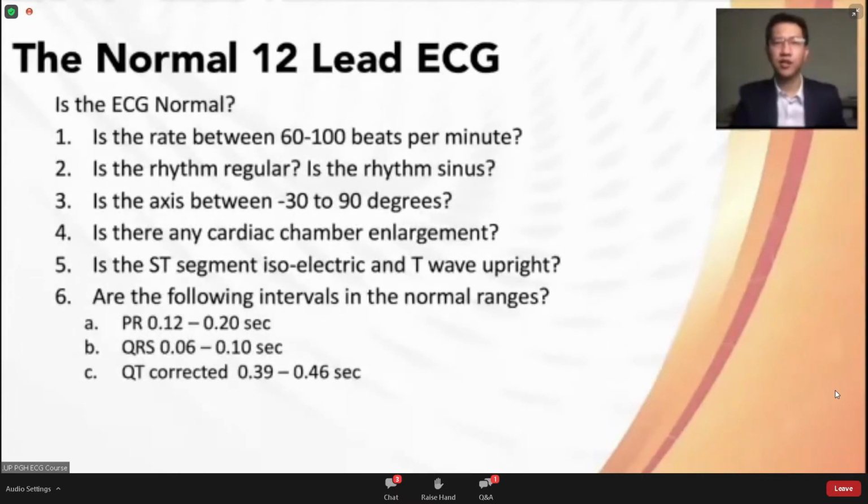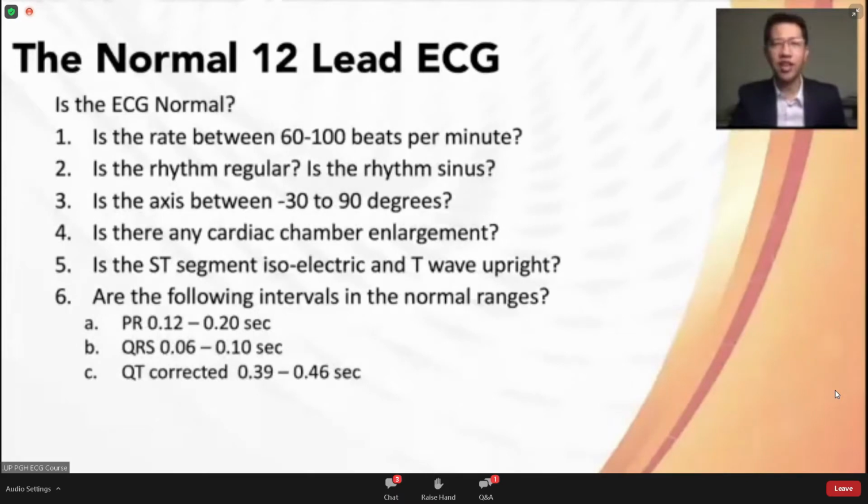Now, let's look at the normal ECG. Is the ECG normal? These are the questions to ask yourself. Is the rate within the normal range, 60 to 100? Is the rhythm regular? And is it generally sinus? Is the axis normal within the range of -30 to 90?